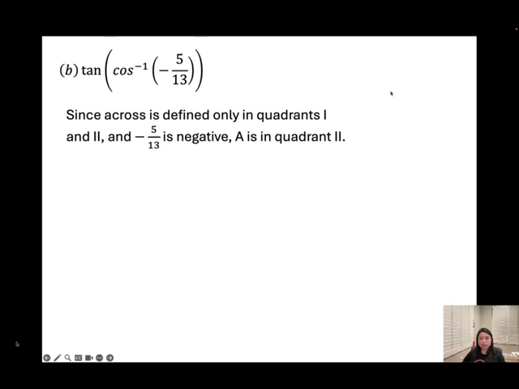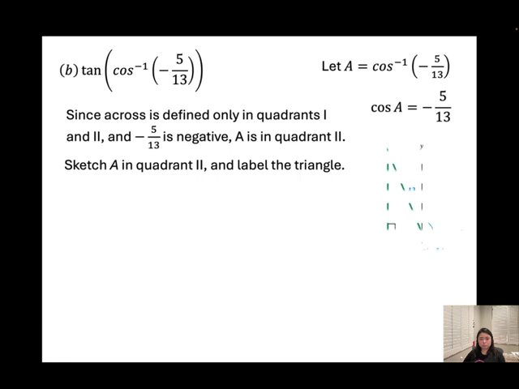Now we're going to let A equal cosine inverse of negative 5 over 13. So cosine A will be equal to negative 5 over 13. And angle A will be in quadrant 2. So let's sketch A in quadrant 2.